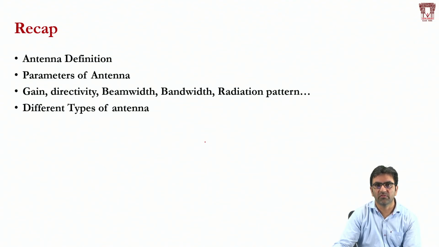What is the gain of a half wave dipole? What is the gain of a monopole? What is the gain of a horn antenna? And then what are the different types of antennas, like horn antennas, dipole antennas, reflectors, Yagi-Uda antennas.